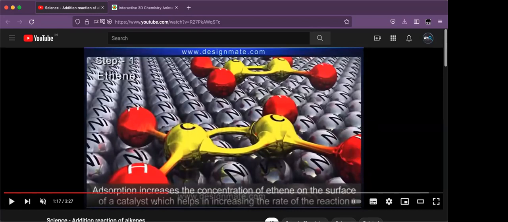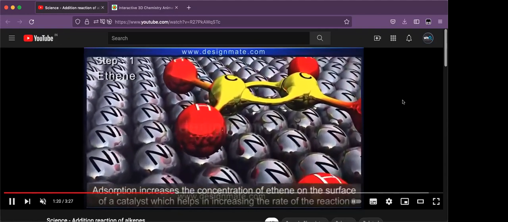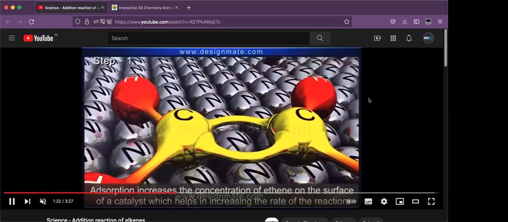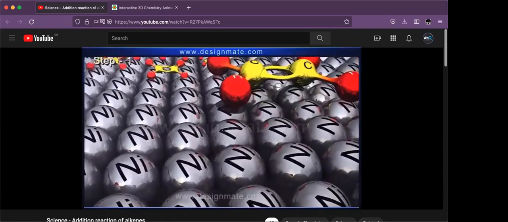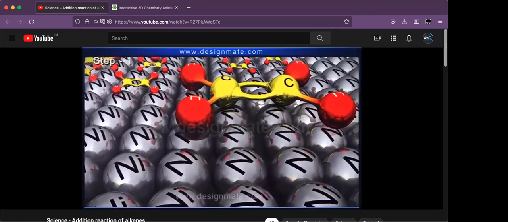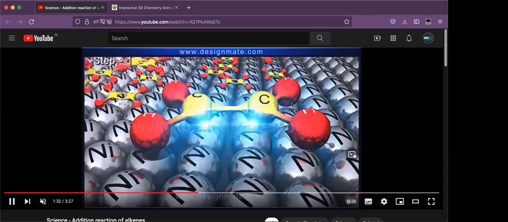More concentration means more molecules available for reaction, so that in turn increases the rate of the reaction. Think of it as when you're drying a cloth, crumpling it up versus spreading it out. Using a catalyst basically spreads out the whole of these things.